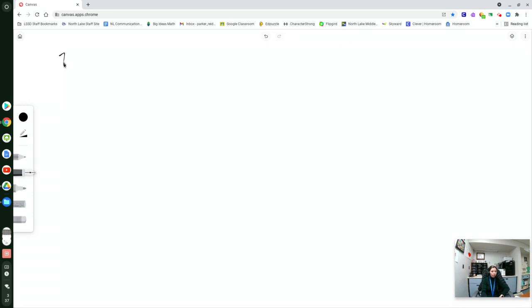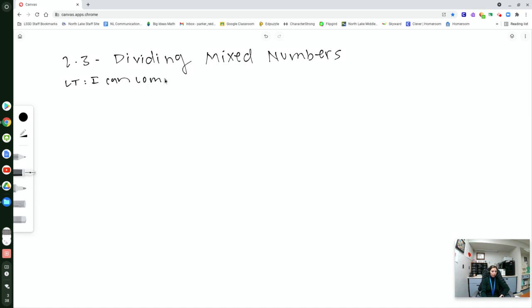Today we're talking about section 2.3, which is all about dividing mixed numbers. And our learning target, LT, for today is I can compute quotients.